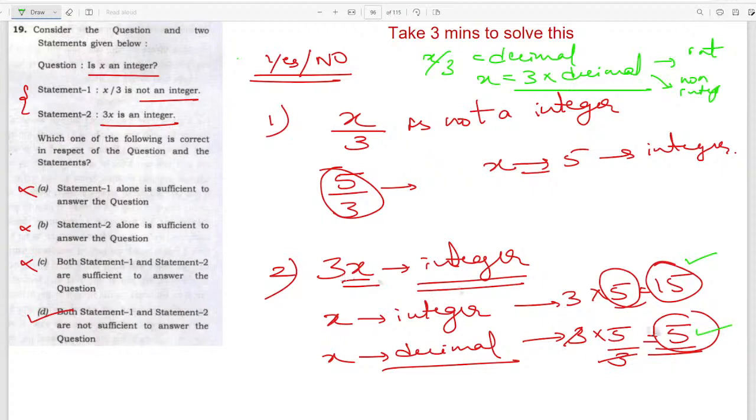So x can be both an integer and a non-integer. So clearly statement 2 alone is not sufficient to answer the question. Now what if we combine these? That is, x by 3 is not an integer and 3x is an integer.